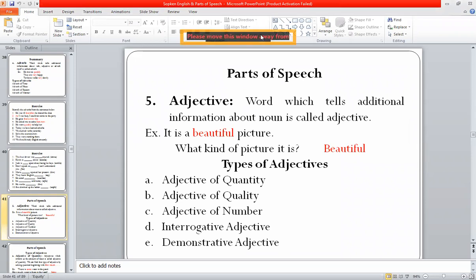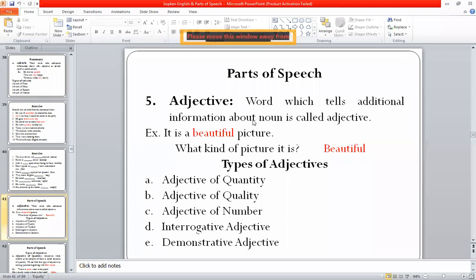That is why it is called an adjective. Adjectives are the words which tell additional information about a noun, and we can identify them with the question starting with what kind of.